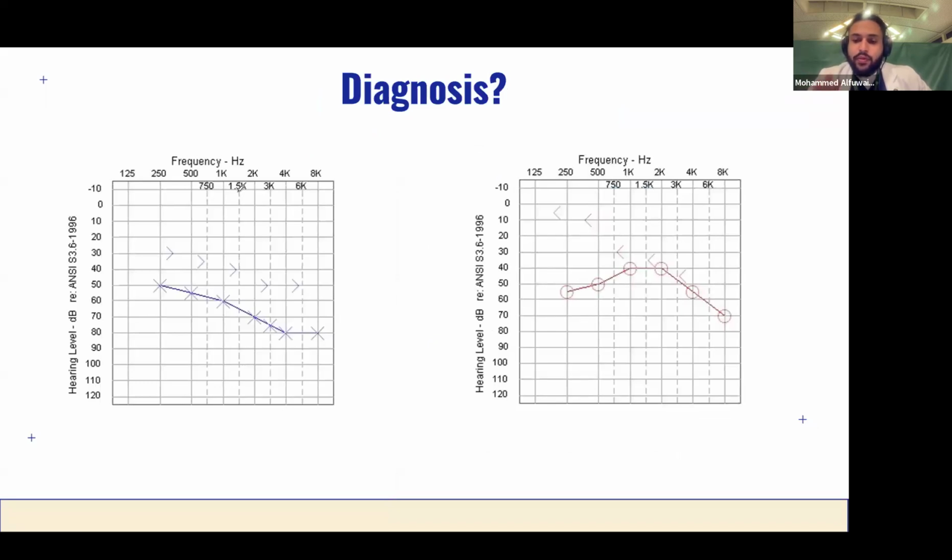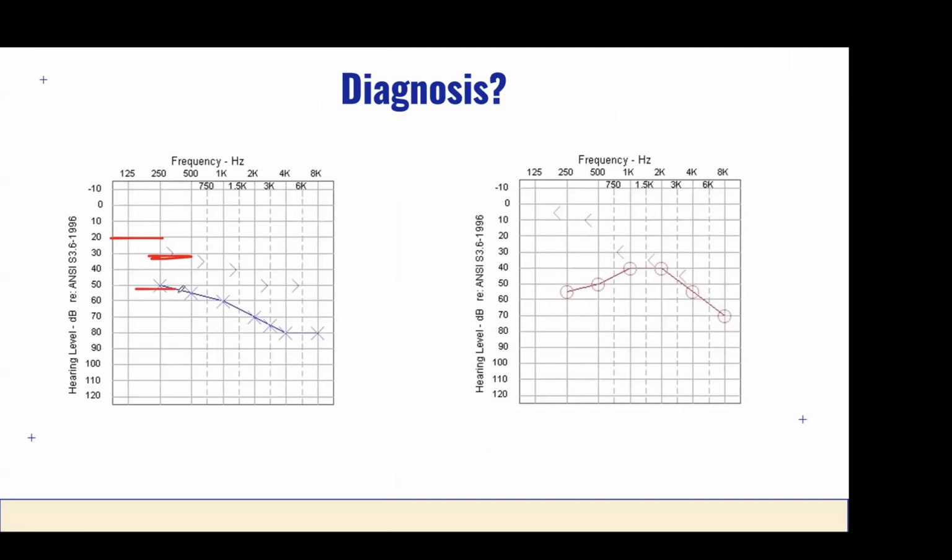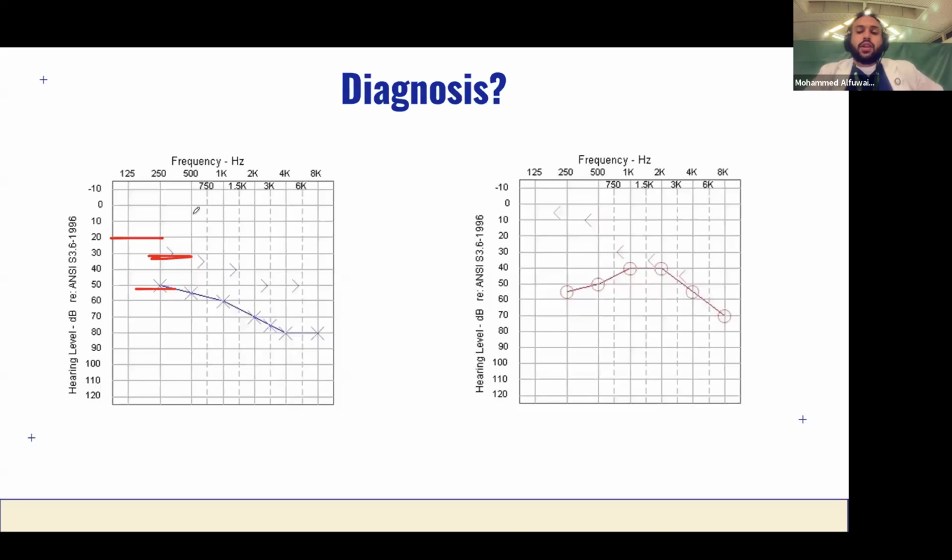Now, what is this? Both bone and air are below 20, but bone is more than air. What do we call this? Sensorineural? No. If they're both the same, it's sensorineural. In conductive, you suspect bone to be normal, should be up here, but here they're both abnormal.